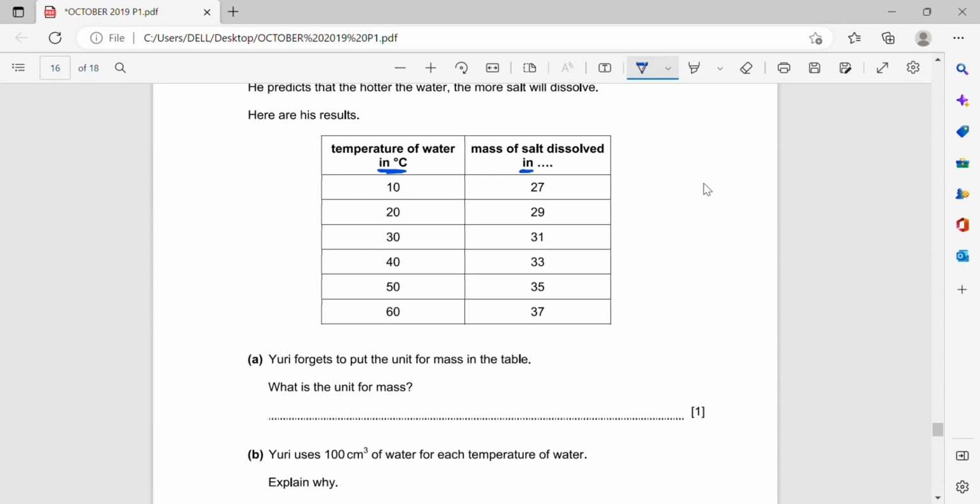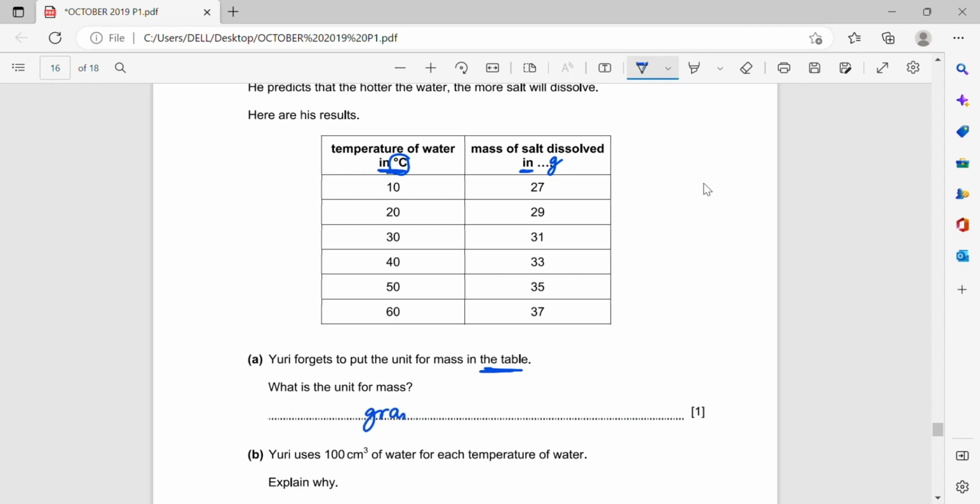Yuri forgets to put the unit for mass in the table. The unit of temperature is degrees Celsius. What is the unit of mass? Great, the unit of mass is grams.